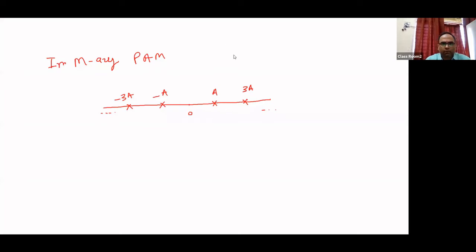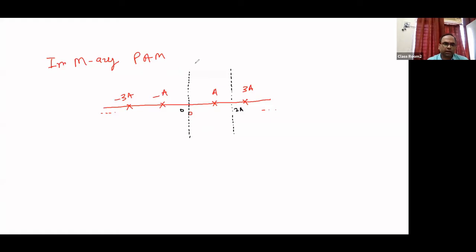Now, if we apply the nearest neighbor decision rule, as we have discussed in the last lecture, and we take the example for this A. If we are deciding on this A, then what will we do? We'll draw a threshold line in between minus A to A and in between A to 3A. So, for example, this is 0 and this is 2A.